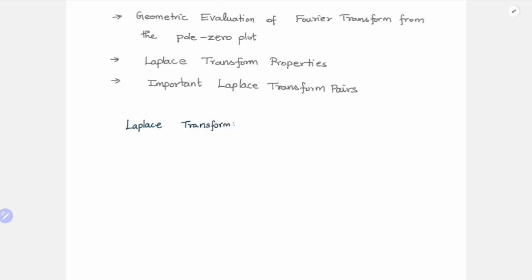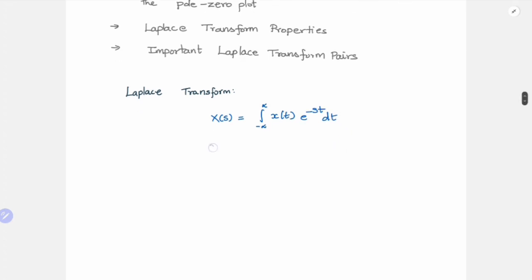So here again we saw two equations. X of s is the Laplace transform of x of t given by integral minus infinity to infinity x of t e power minus st dt. And we had the inverse Laplace transform given by 1 by 2 pi j integral from sigma minus j infinity to sigma plus j infinity of x of s e power st ds.